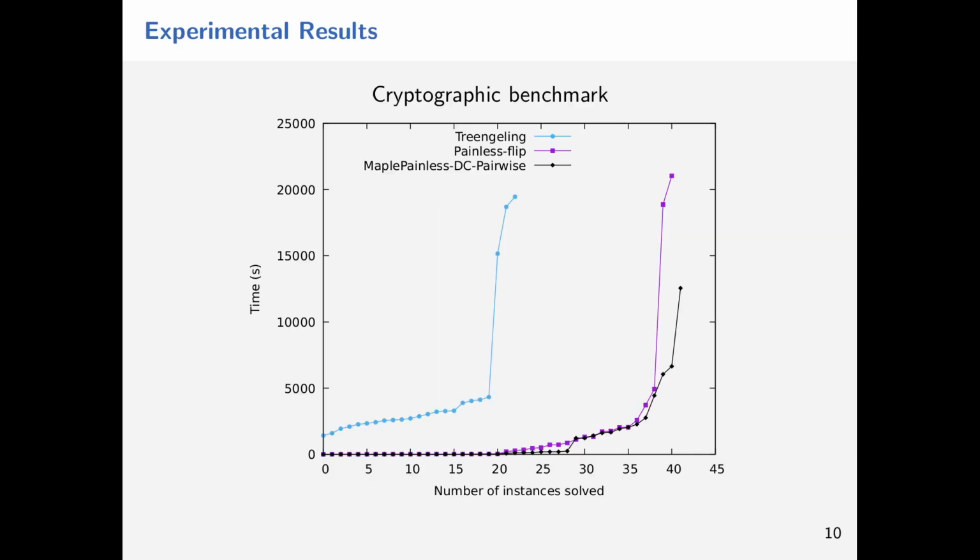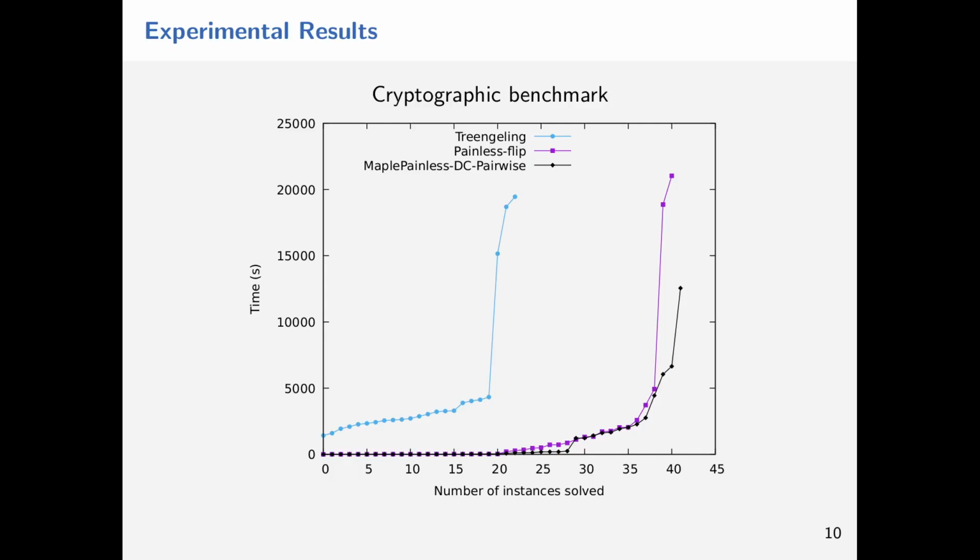So this is the cactus plot of running our experiments on the cryptographic benchmark. A cactus plot should be read as each data point shows how many instances are solved in what time limit. So if you're toward the right, you're solving more instances, and if you're toward the bottom, you're solving instances faster.